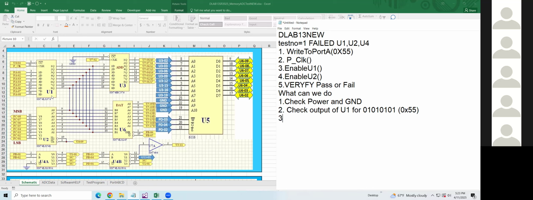Okay, now after you check, either you get what you want or not. So now we can tell if you get the correct data.